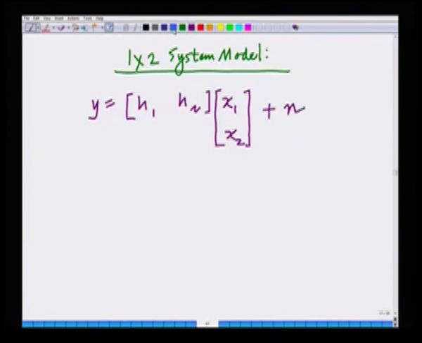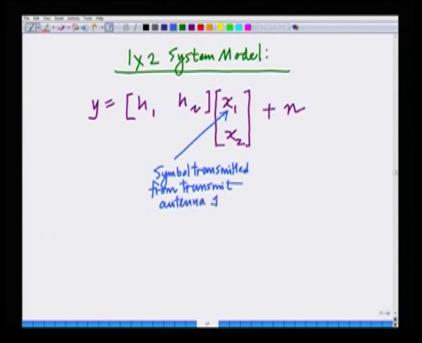What is this x1? x1 is nothing but the symbol transmitted from transmit antenna 1. x2 is the symbol transmitted from transmit antenna 2.